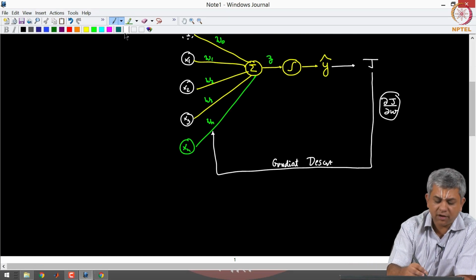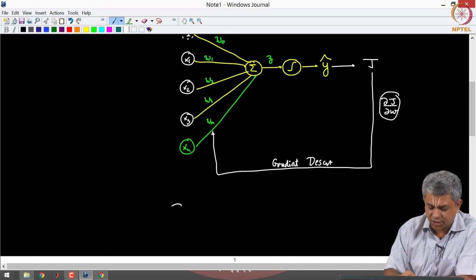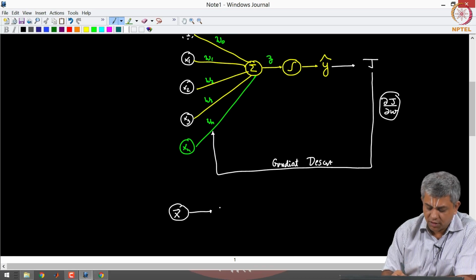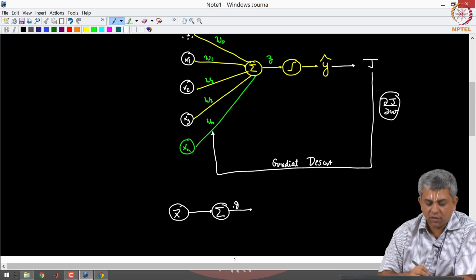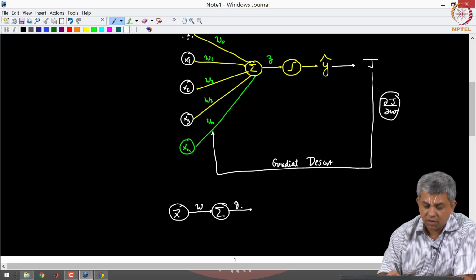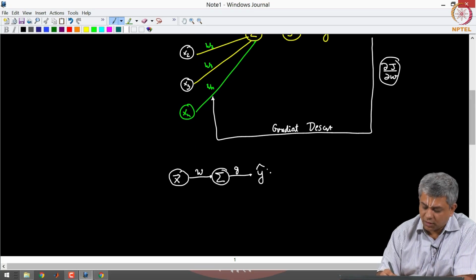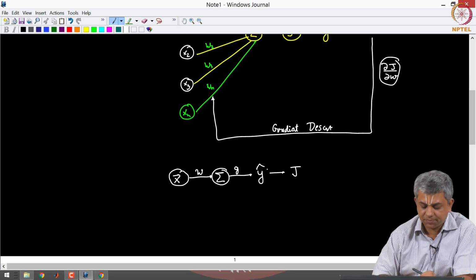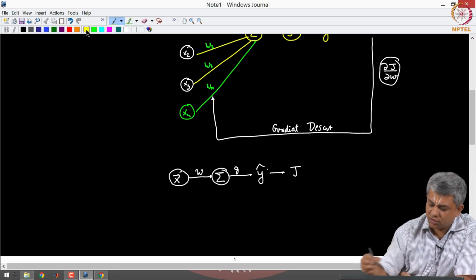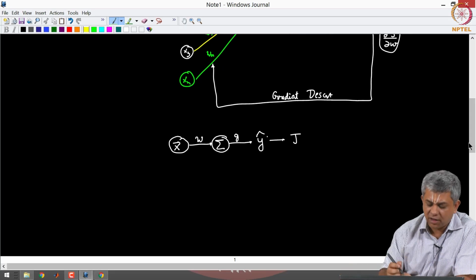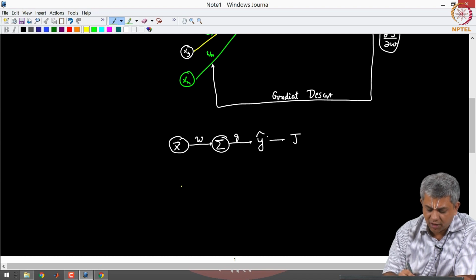So I am going to write the whole thing in a vectorial representation. You have x vector, it runs through a sigma using a w, then through a non-linearity, a sigmoid, you get y hat, and this y hat is what gives you j. So just for simplicity or clarity, I am going to represent this slightly differently.